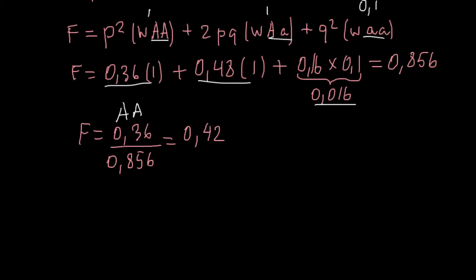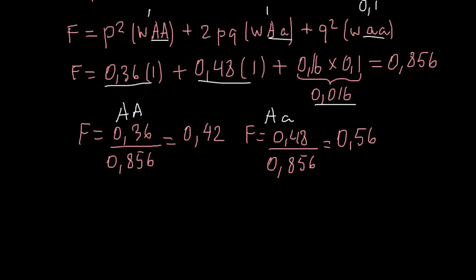0.42. The frequency for the heterozygous genotype would equal 0.48 divided by 0.856, and the answer here would be 0.56.